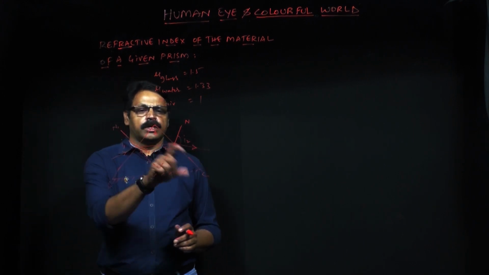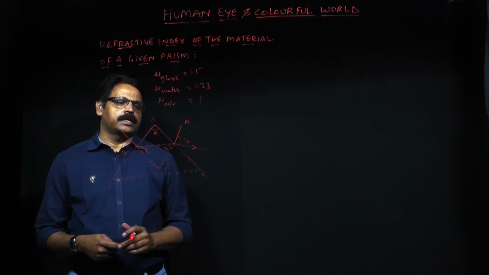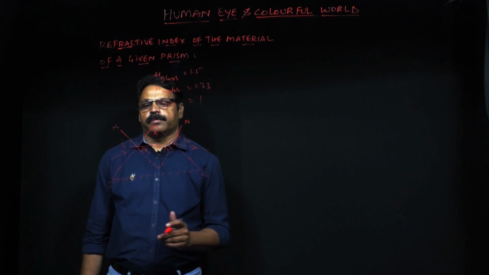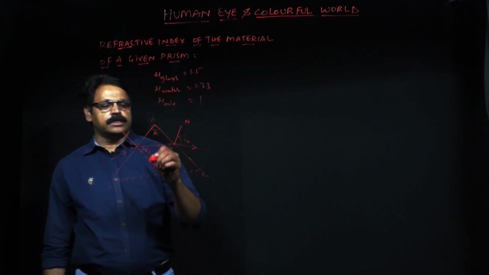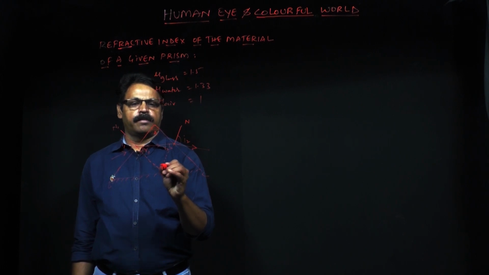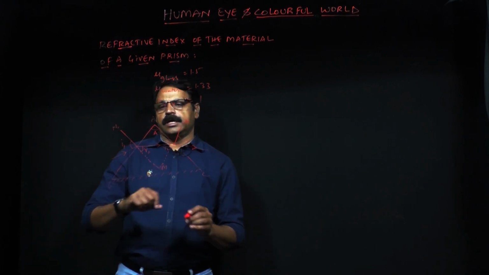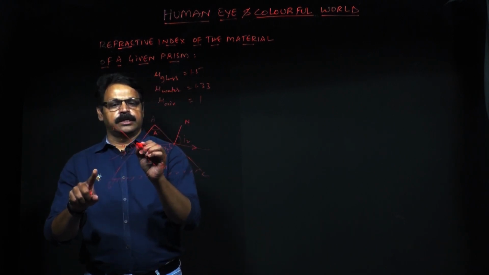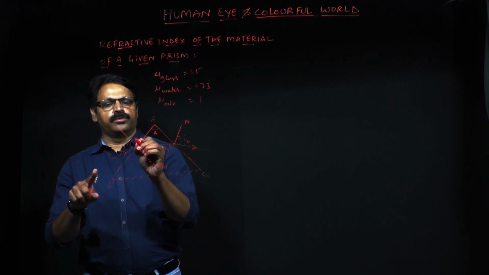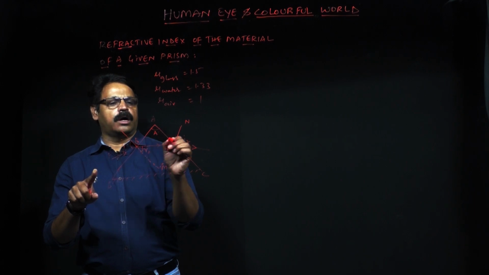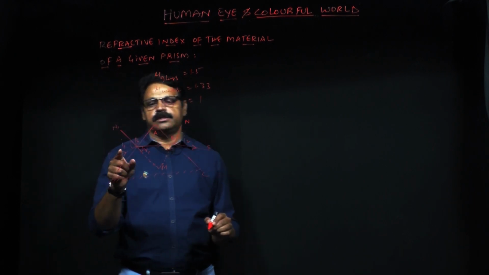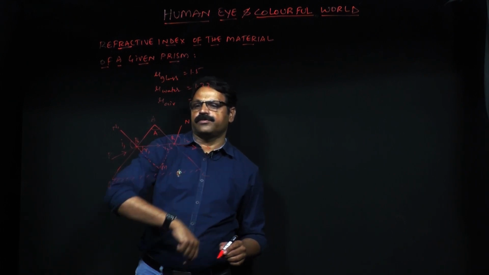Now looking at these parameters, we need to calculate what the refractive index of this prism is. First of all, I call this M. Considering the prism, let us say these points are P, Q, R, S. So PQRS is the path that the ray is following.